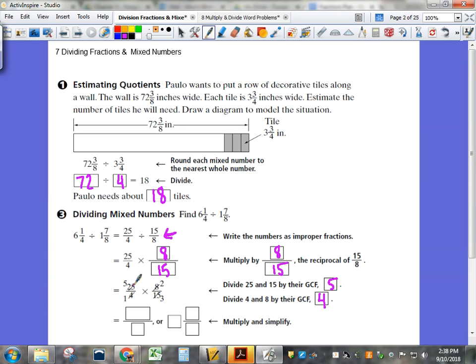Once I've simplified, I'm ready to multiply to get 10 over 3, which would also be 3 1/3. 10 over 3 is an acceptable answer for Algebra 1. 3 and 1/3 is also an acceptable answer.